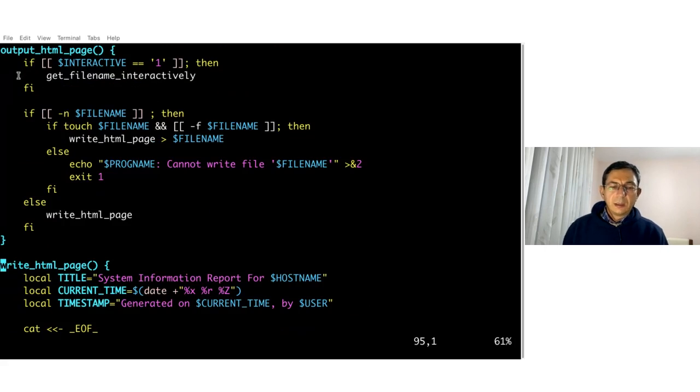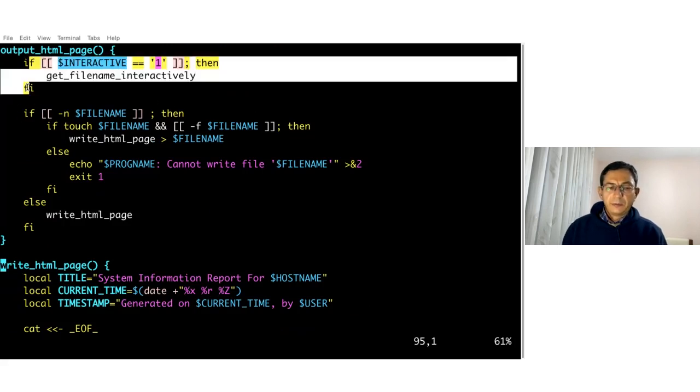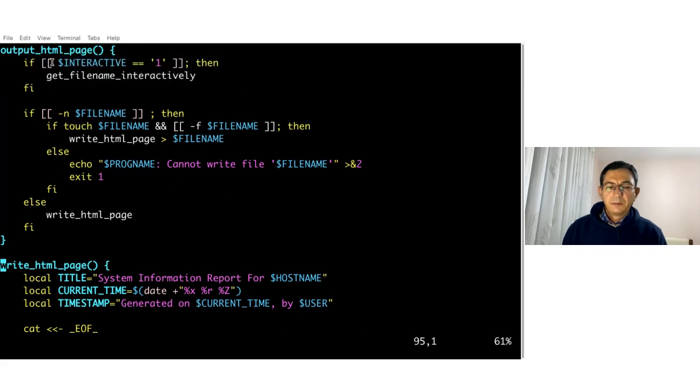And now, after we get the file name interactively, if needed, if the option interactive is specified, we are checking whether the file name is empty or not. If the file name is not empty, then we write the output of the script and redirect it to this file name. But first we check whether the file name is writable. And we do it by making a touch and testing whether the file name exists.